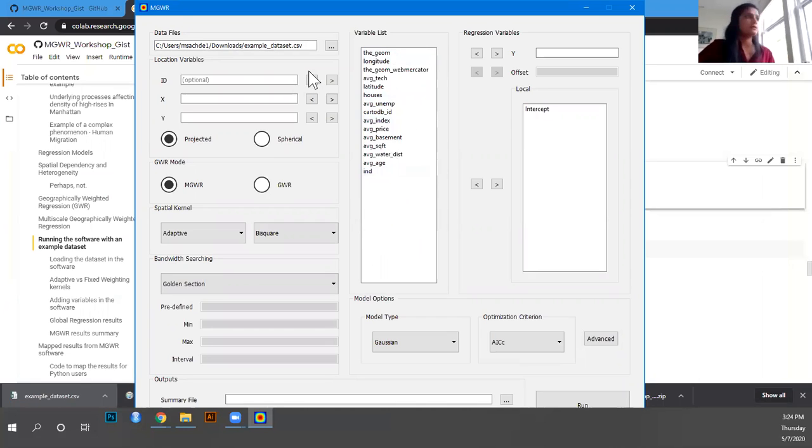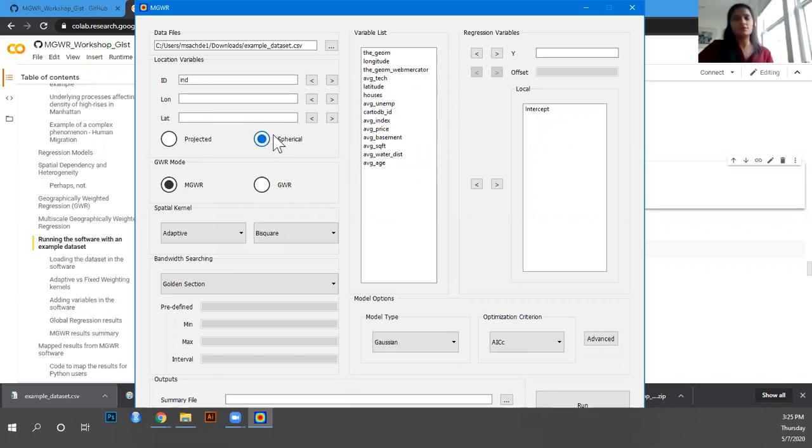Now this is optional, but this ID is just any unique number identifier column of your data set, and in our case, this is the int column. This is for latitude, longitude, or if you have projected any coordinate system. In this particular data set, we have spherical because we have it in longitude, latitude.